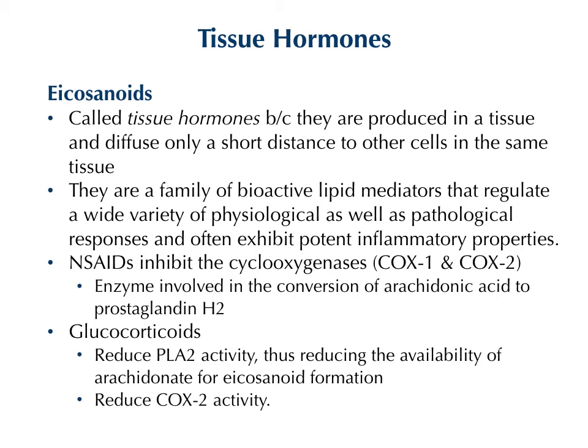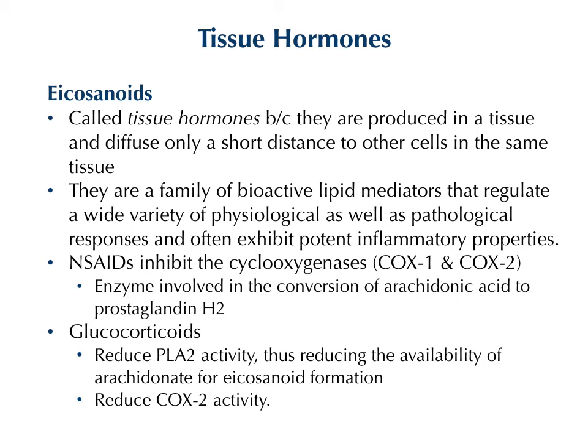Okay, so what are eicosanoids again? They're called tissue hormones because they're produced in the tissue and they diffuse only a short distance over to other cells within that same tissue. And they're bioactive lipid mediators that regulate a variety of physiological as well as pathological responses.